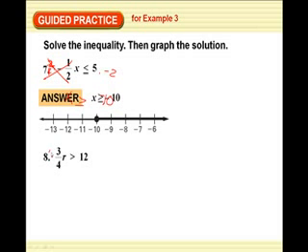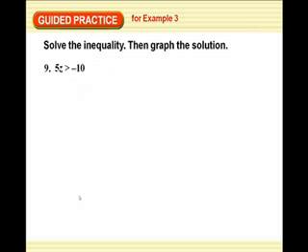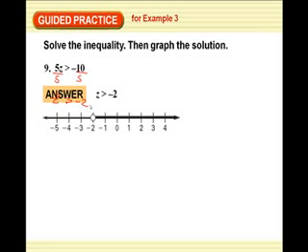Okay, multiply by the reciprocal, 4 over 3, multiply by 4 over 3, cancel. R is greater than 16, no negative, so don't have to worry about flipping any signs there. Divide by 5, divide by 5, z is greater than negative 2. We didn't solve anything with a negative, so that's right.